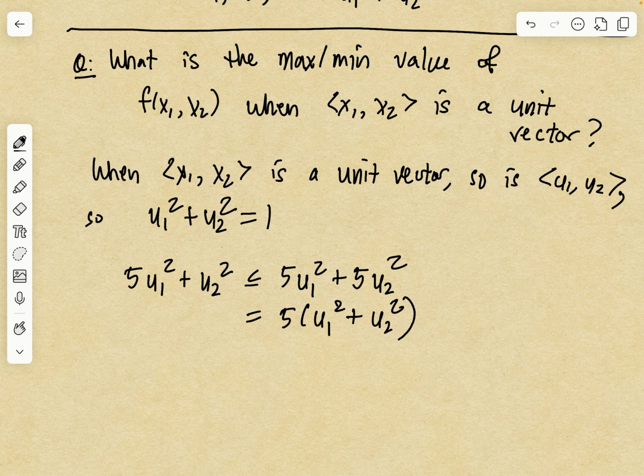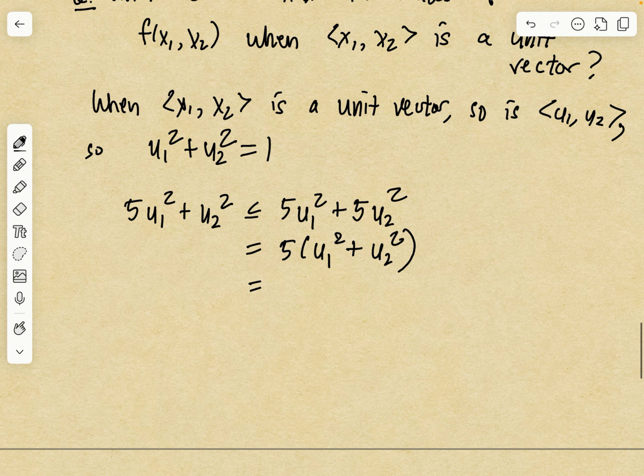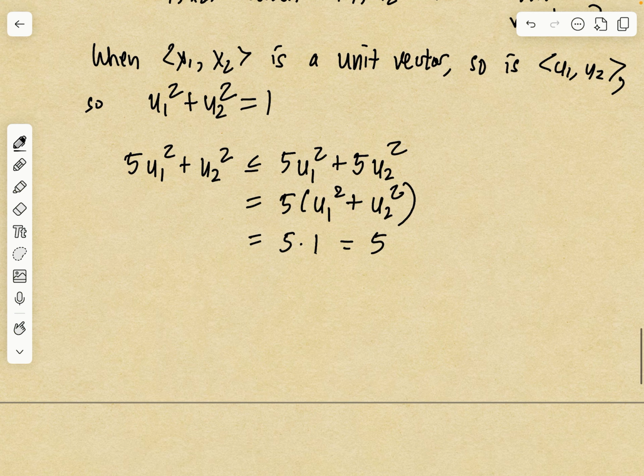And when u1, u2 is a unit vector, what's u1 squared plus u2 squared? It's equal to 1, right? So this is 5 times 1, which is 5. So what that means is that 5u1 squared plus u2 squared is always less than or equal to 5, no matter what u1, u2 is, as long as it's a unit vector.